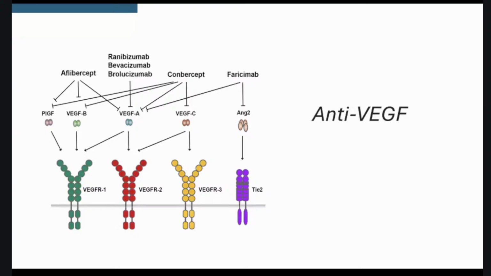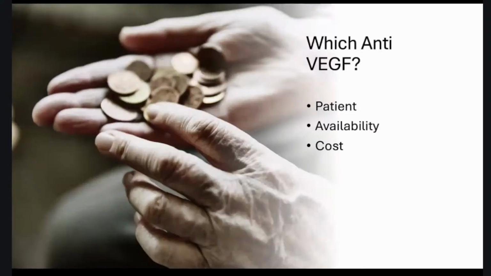Aflibercept binds to VEGF-A and B, as well as placental growth factor, and it also has the advantage of an increased treatment interval. And then the newest anti-VEGF is faricimab or Vabysmo, and that has a dual action on VEGF-A and Ang2. Conbercept I have no experience in, and I think it's used in parts of Asia.